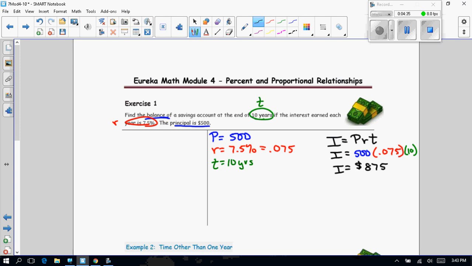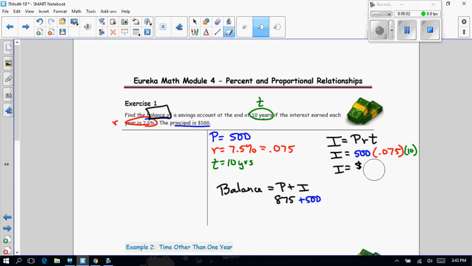$875. Well, it doesn't ask for interest, it asks for the balance. So balance is the principal plus the interest. So in other words, I'm going to take the $875 and add it to the $500 that I had in my principal. So the balance is, oh, Mrs. Hoekstra, back it up.